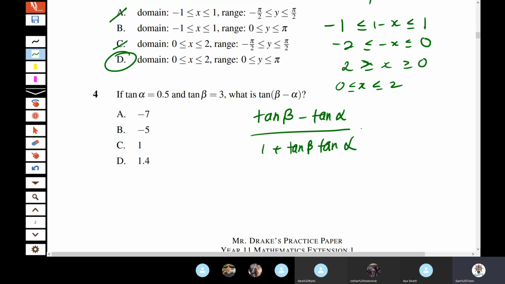No formula sheets. Right, we don't rely on a formula sheet. Tan beta is 3 minus a half on 1 plus 3 times a half. 2.5 over 2.5. So it looks like the answer is C.